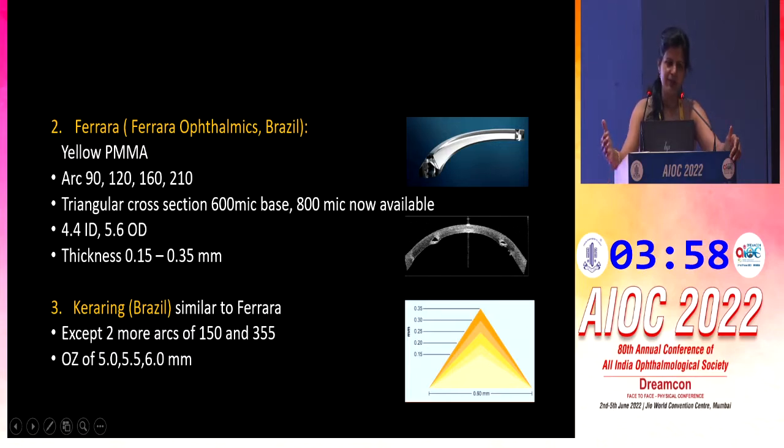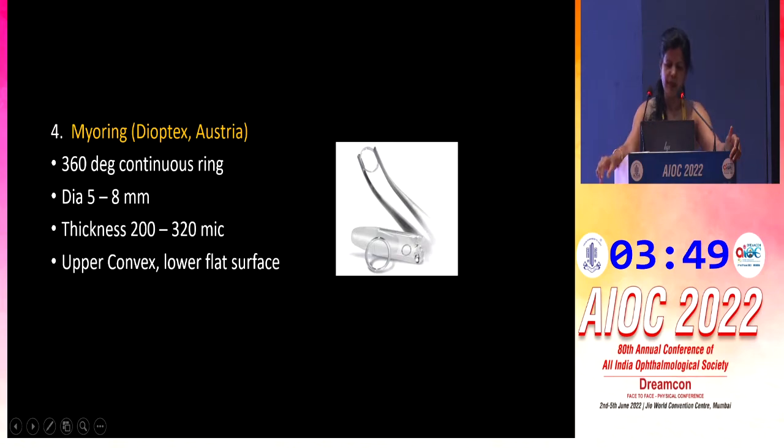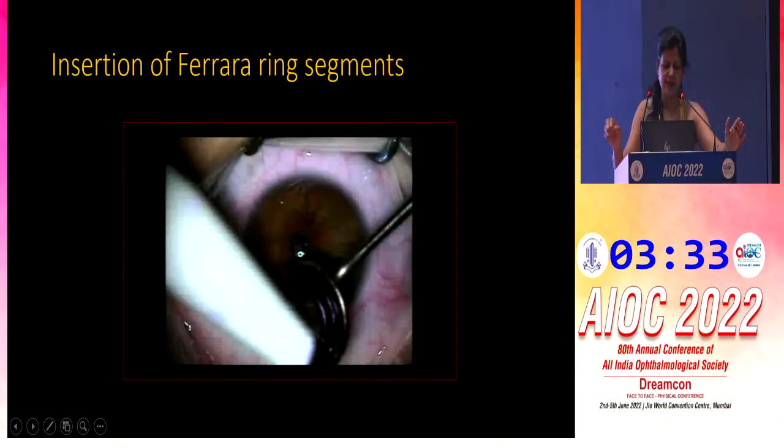The Keraring is very similar to the Ferrara, only you have a wider number of arcs and smaller optic zones. A MyoRing is a complete ring, a continuous ring which varies in diameter from 5 to 8 millimeters, and it has a 0.2 to 0.3 millimeter thickness. It has an upper convex and a lower flat surface.